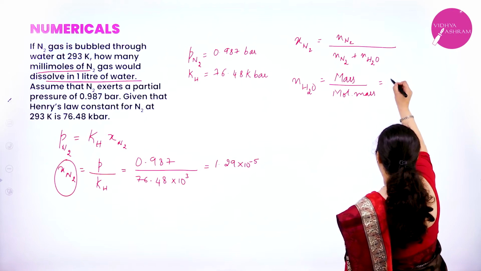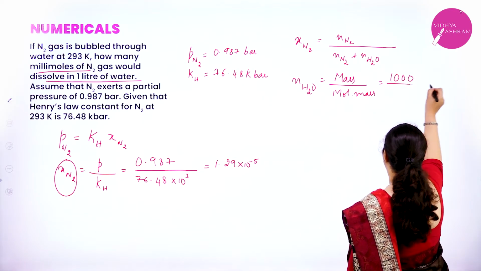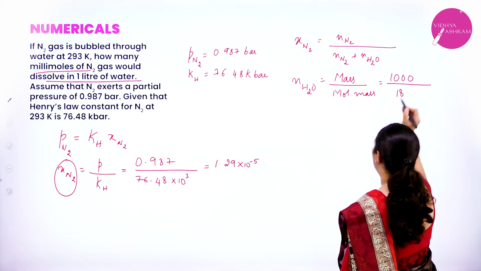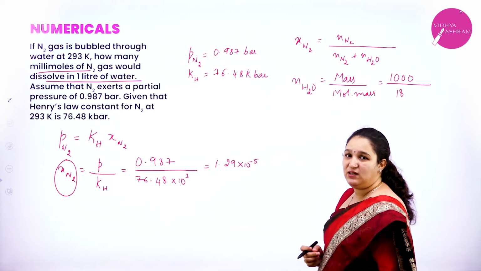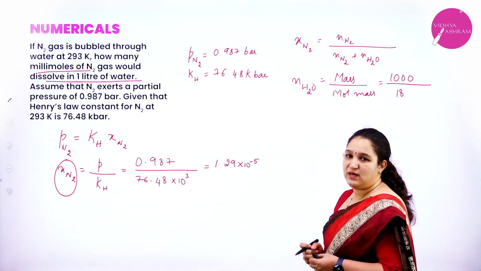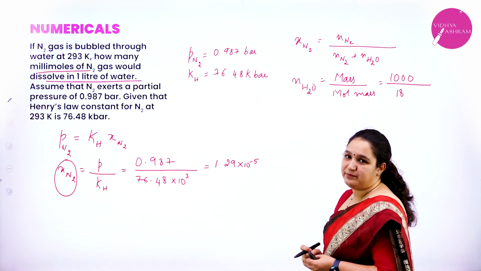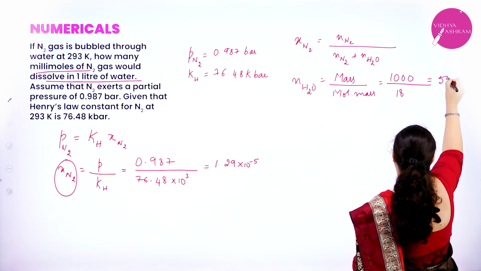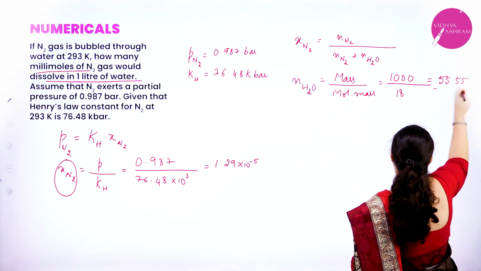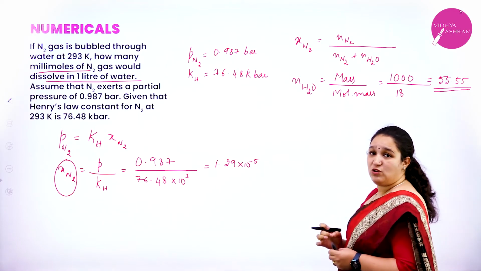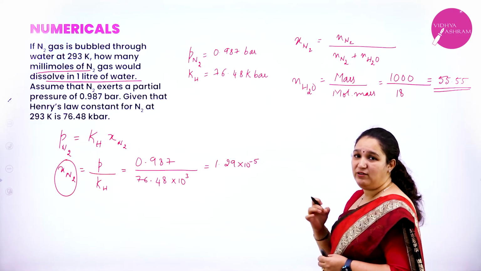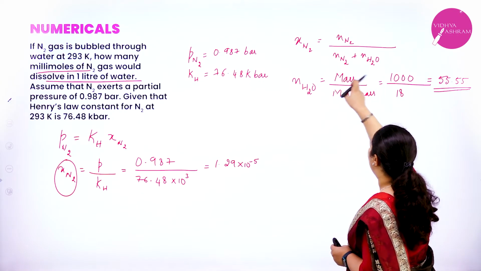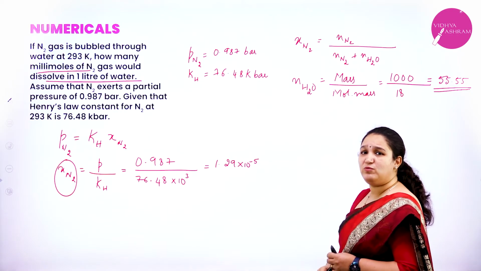So it is mass 1000 divided by molecular mass of water, which is 18: H2O, oxygen is 16 plus 2 hydrogen, equal to 18. Correct? So if I do this, I'll get the answer as 55.55 moles. So number of moles of water is 55.55. Now, but in my denominator, if you observe, I have even got the number of moles of nitrogen.